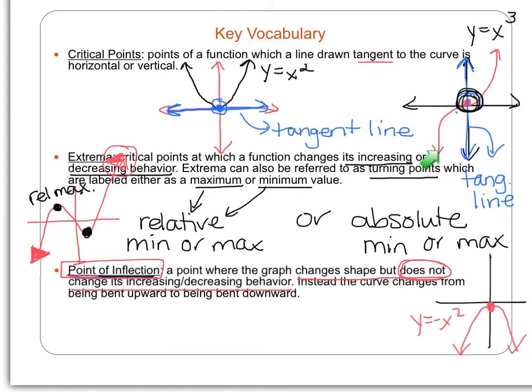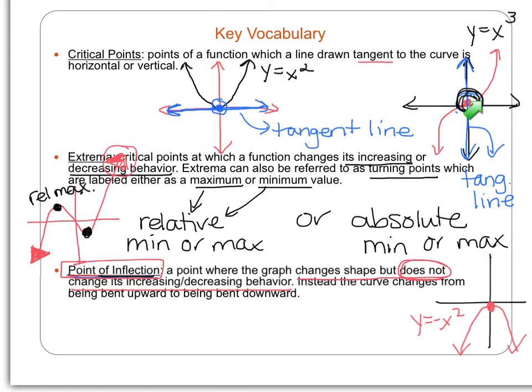The function is increasing from left to right infinitely. However, at this point right here, this piece of the graph is what's called concave down. It's bent downward, looks like a downwards parabola. And then here, the function is bent upward, or is considered concave up.